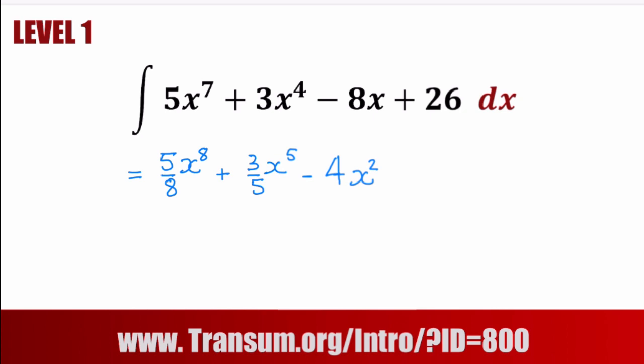The 26 at the end, you can think of it as 26x to the power 0. So we want to increase that power by 1, so it turns into just x to the power 1. And we've still got that 26 and it's positive. But there could be a constant term at the end of this expression that when you differentiate disappears.